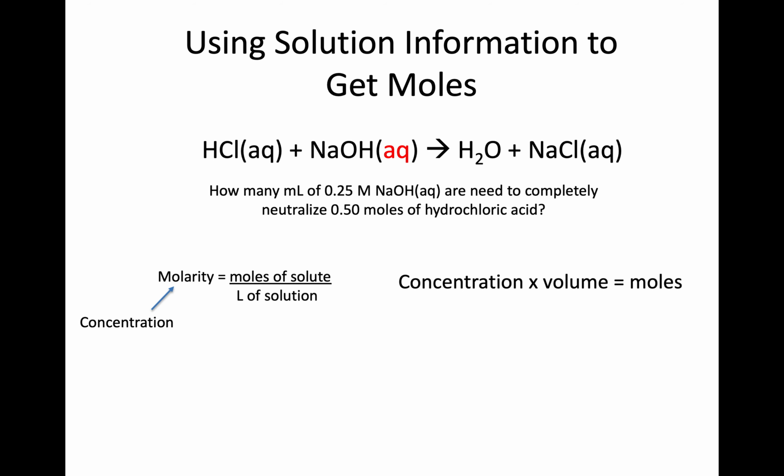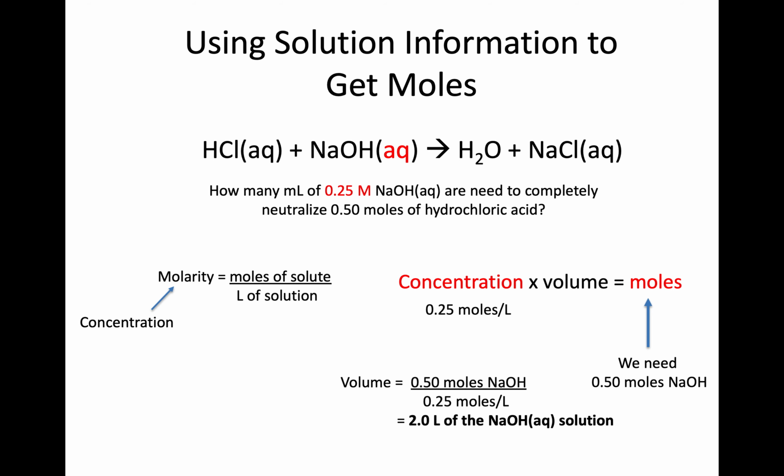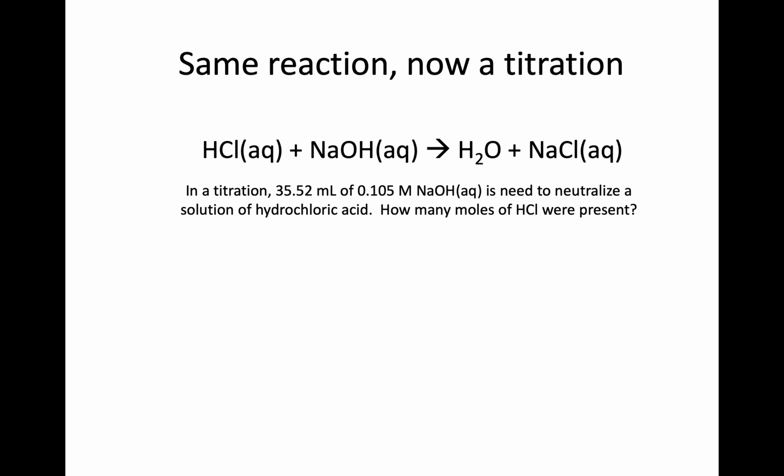A really useful skill for us is to be able to combine solution information to get number of moles. Concentration in molarity times volume in liters gets the number of moles. So in this question, we needed 0.50 moles of sodium hydroxide. We had information for its concentration, and we solved for the missing variable, the volume.